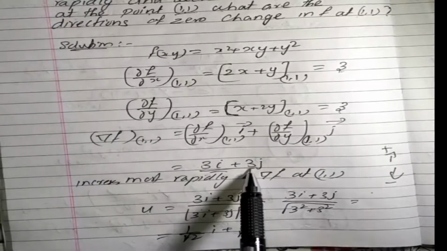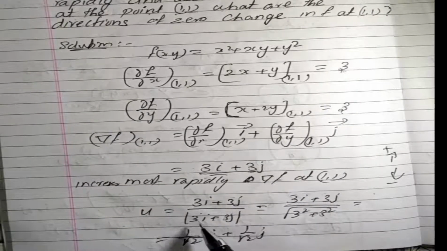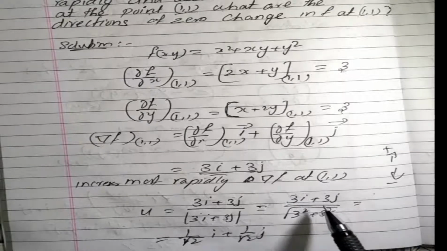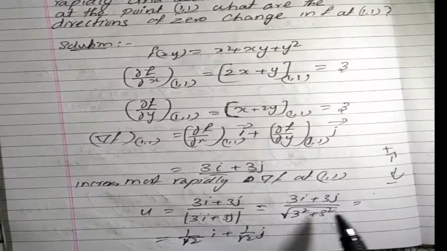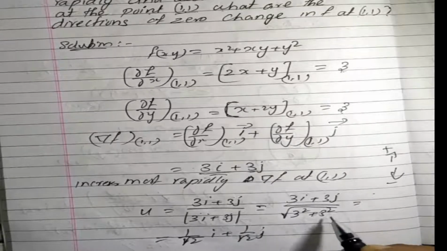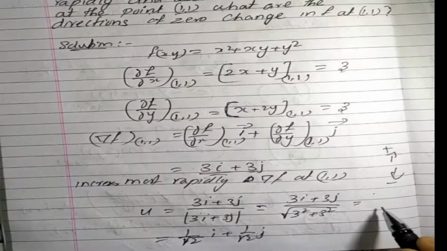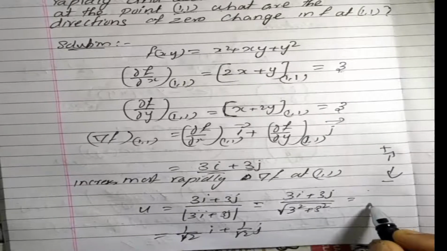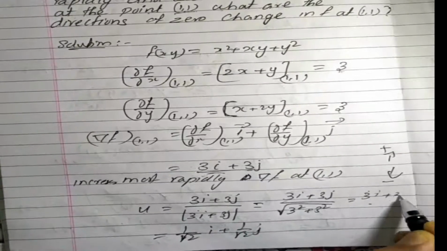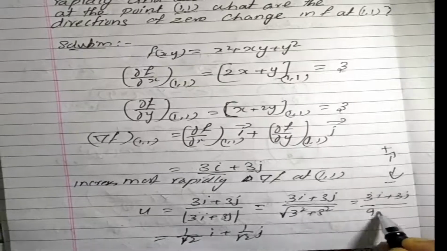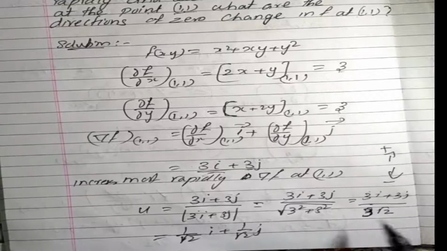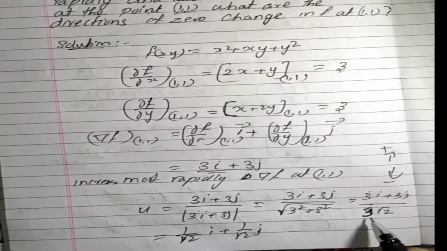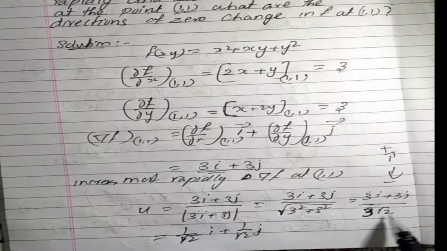Take the square root of 3 squared plus 3 squared. 3 squared plus 3 squared is 9 plus 9, which is 18, which is 9 into 2. So it is (3i plus 3j) divided by 3 root 2.